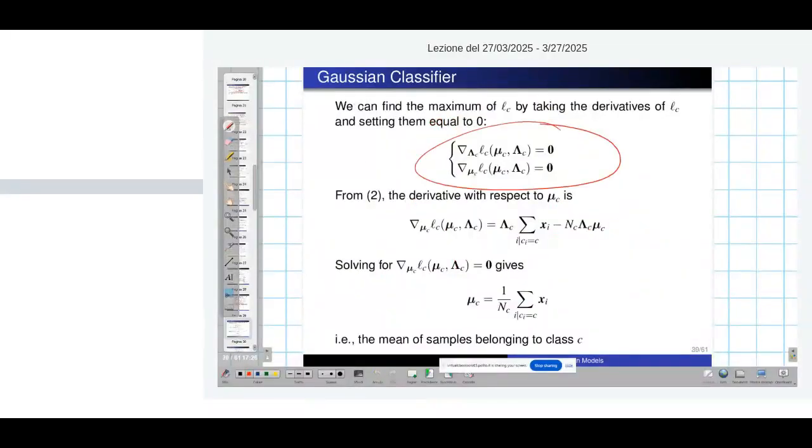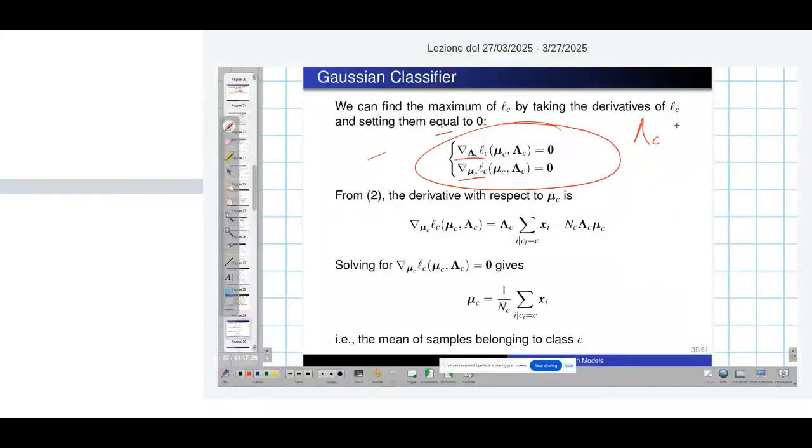Then we can find the maximum likelihood solution by solving. In this case, we need to take gradients with respect to the model parameters and set them equal to 0. So we need to differentiate with respect to all the elements of lambda.